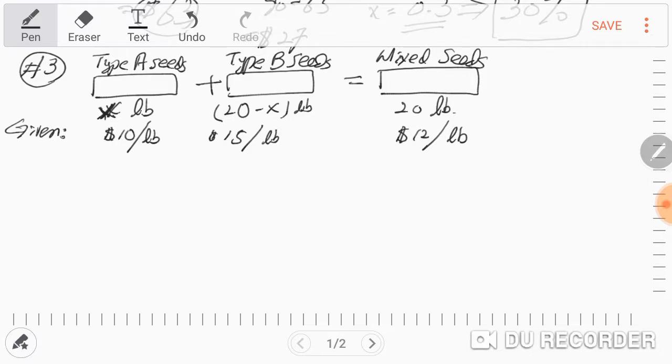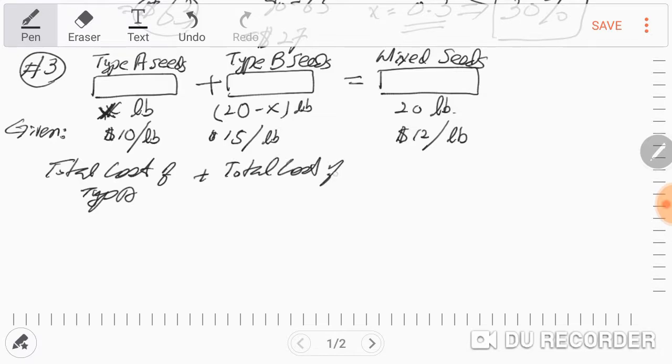So the equation should be something like this. Let's find the total cost. The total cost of type A and the total cost of type B should be equal to the total cost of the mixture.